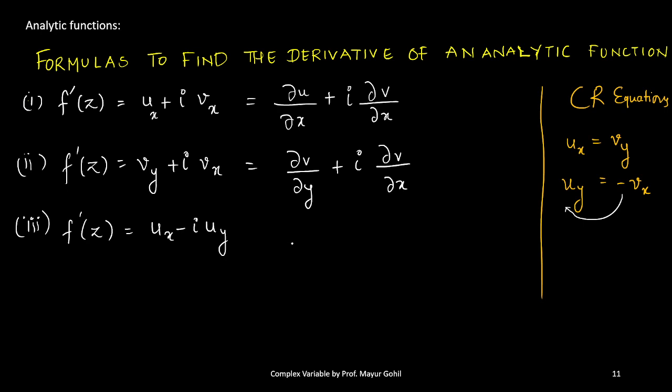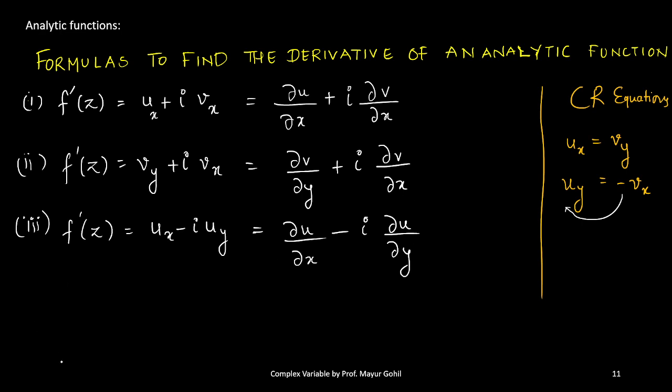That was the formula that we get from a little twisting of the Cauchy Riemann equation. So we have dabba u by dabba x minus i times dabba u by dabba y. So these are the important formulas.